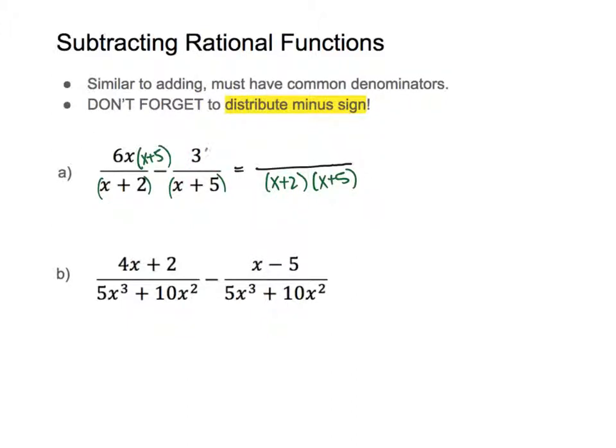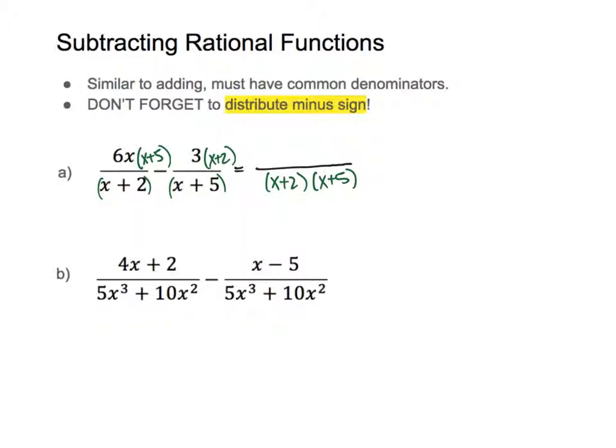So I need to multiply the top by x plus 2. So you only multiply the top by what it's missing. By the way, I didn't multiply the bottom by what it's missing because in this case I know that I'm going to eventually get to these two and there's no need for me to write so much.